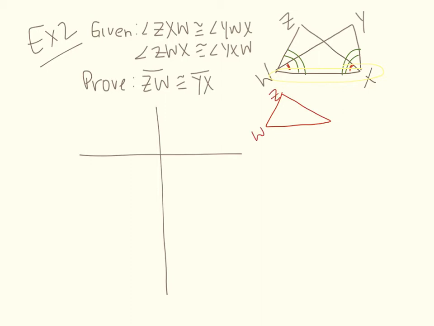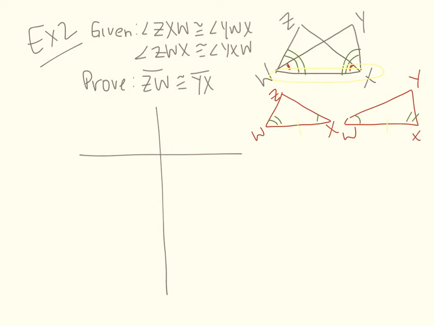So ZWX and YXW. We know that these angles are congruent to each other, and then we know that these angles are congruent to each other. We also know that WX is congruent to XW.